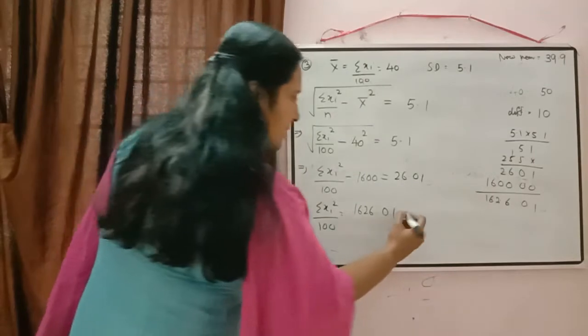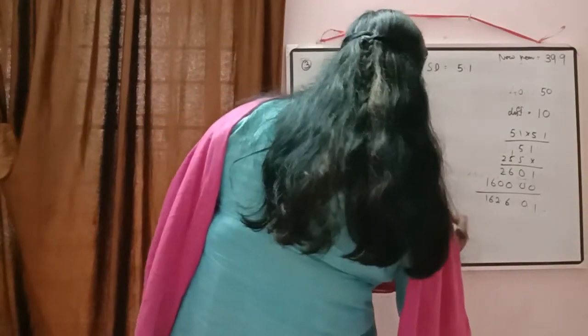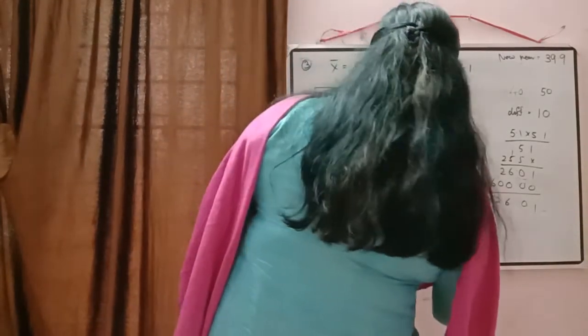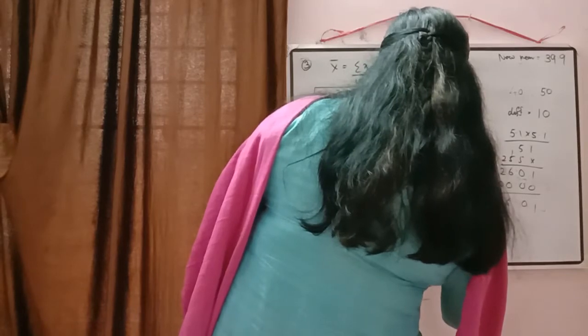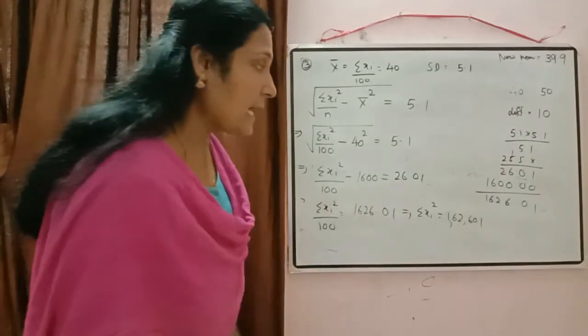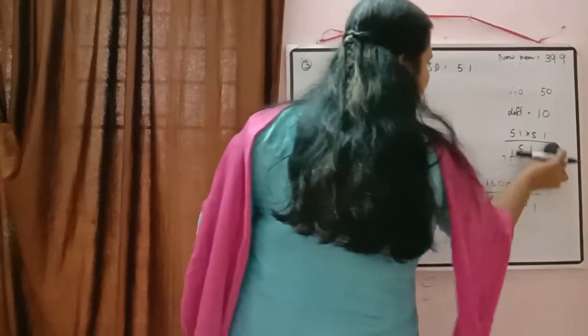Now we can shift this 100 to the right hand side. Then it will get multiplied. So when it will get multiplied, the decimal sign will be removed. So we will get there 1,62,601. Correct? 1,62,601. That is the incorrect value of sigma xi square. Correct?